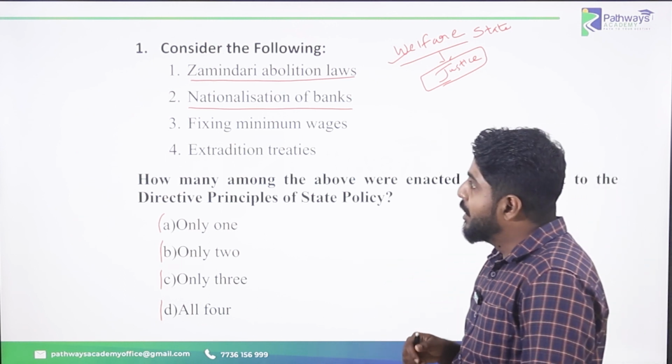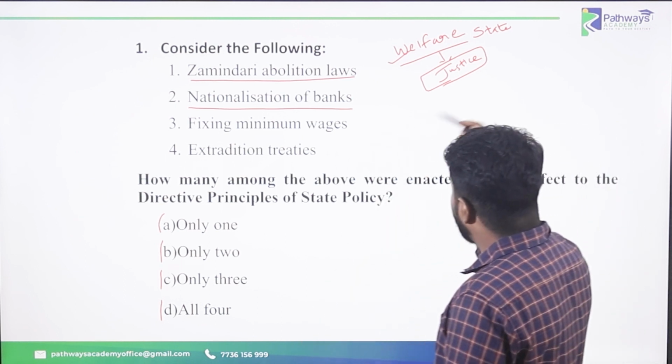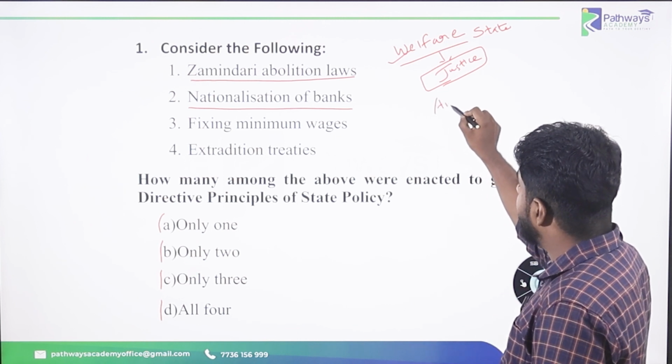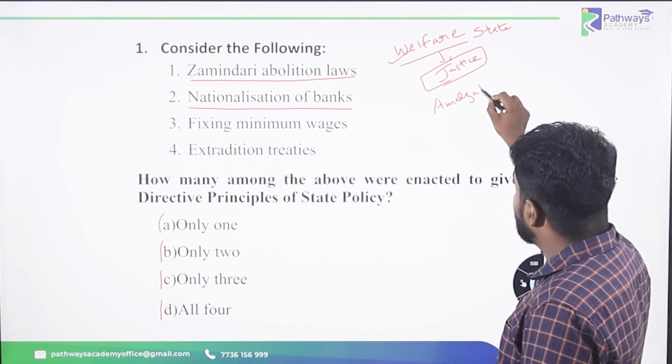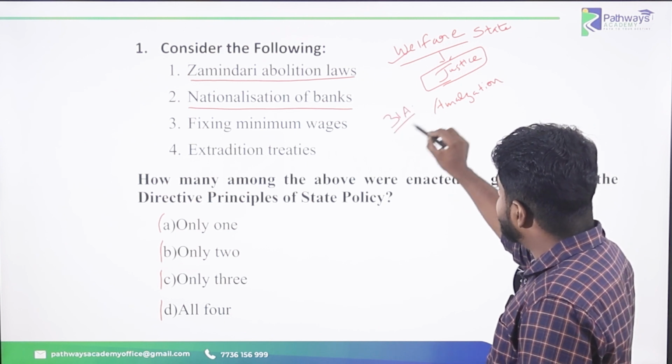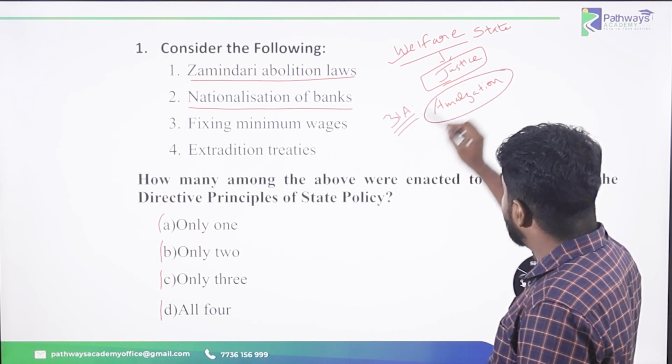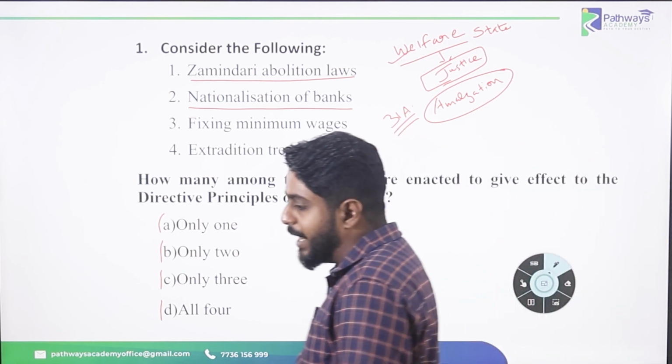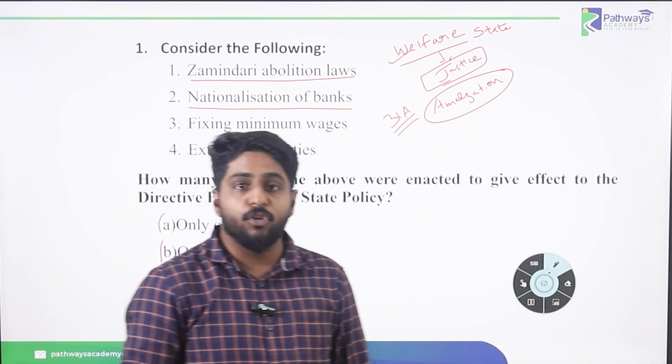Say for example, you may have heard about amalgamation of corporations, isn't it? You have article number 31A, which says that the state may provide a law for the amalgamation of corporations.